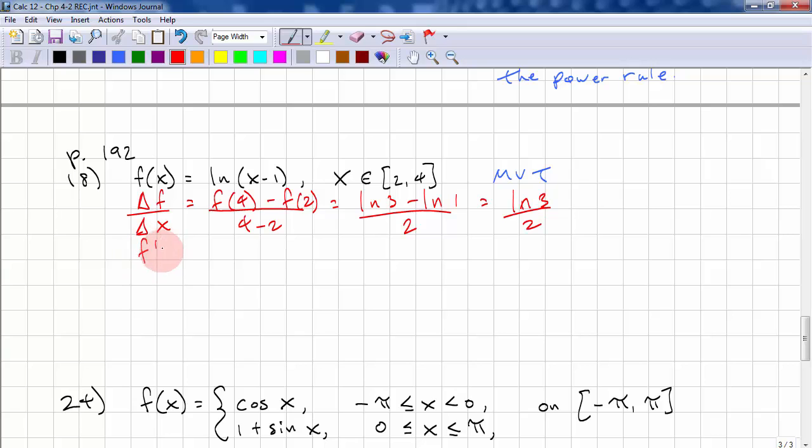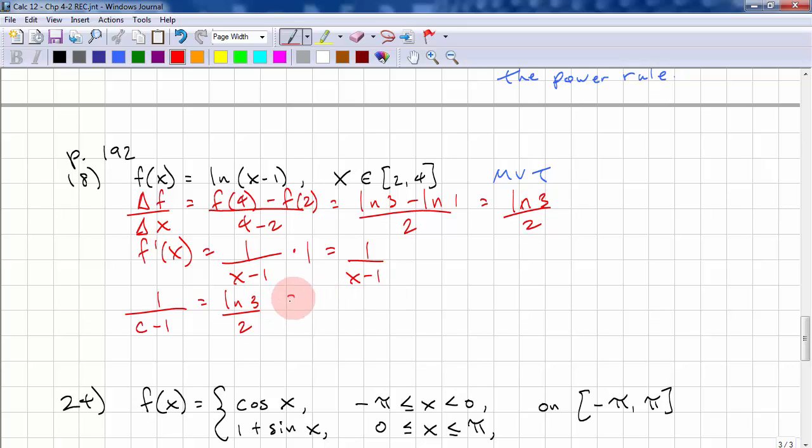The derivative for ln is 1 over x, but our x is x minus 1, and if we multiply by using the chain rule, it's just multiplying by 1 because the derivative here is 1 and 0. So we just have 1 over x minus 1. And to find our c, 1 over c minus 1 must equal this value, ln 3 over 2.